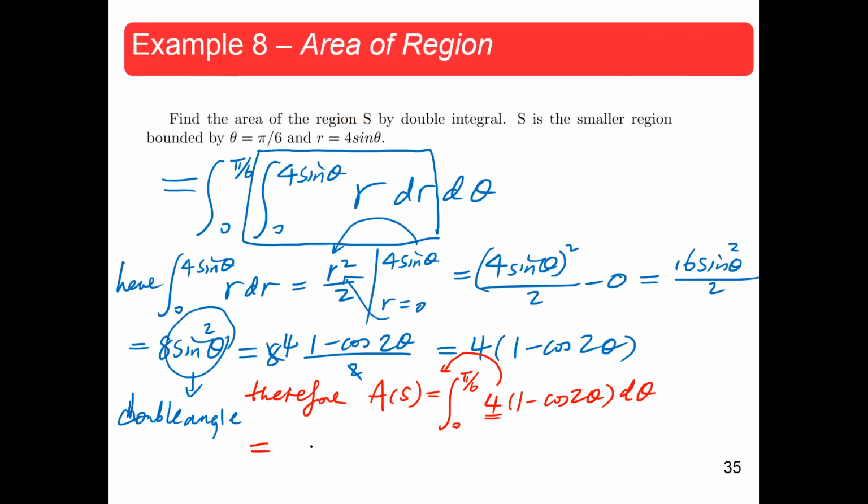Constant 4 could be pulled to the front. 1 minus cosine 2 theta, antiderivative will just be theta minus sine 2 theta over 2. And theta goes from 0 to pi over 6.